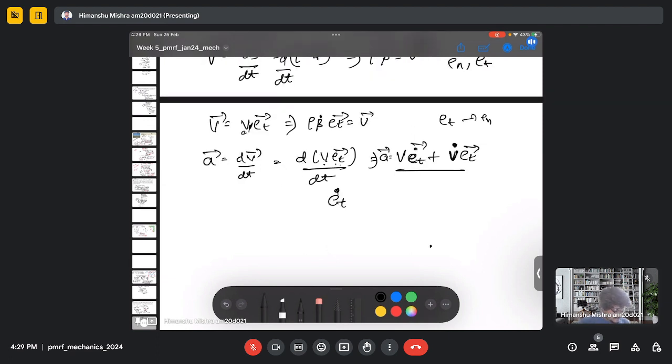So for example, let's say initially I have Et and it gets changed to E dash t.